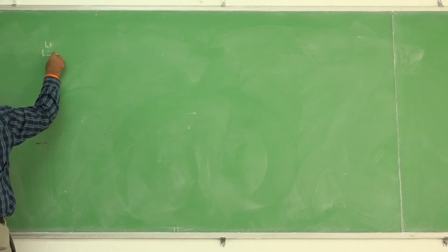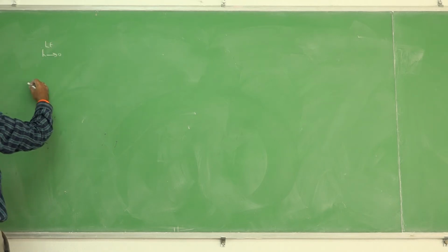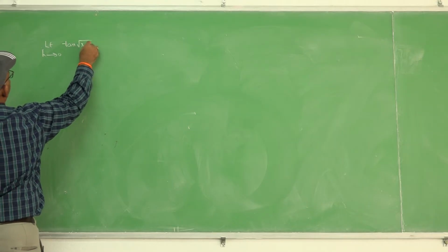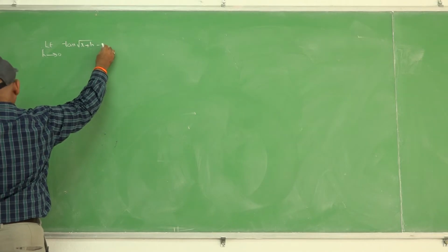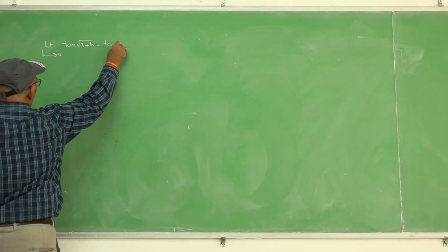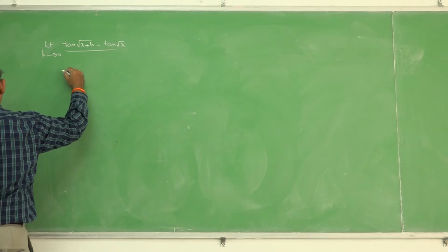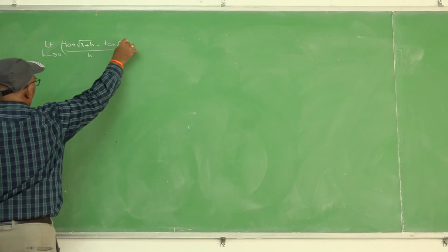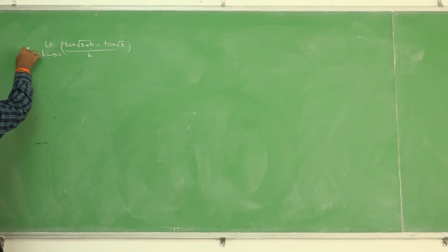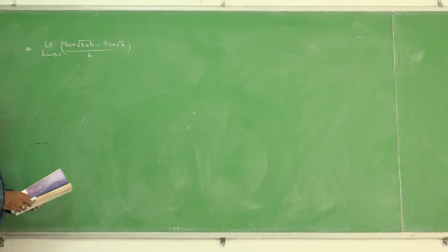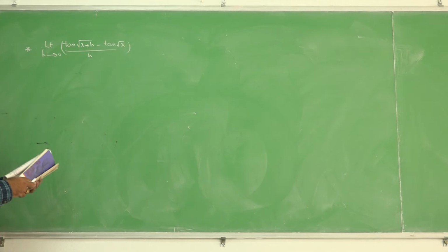Limit as h goes to 0 of tan of root x plus h minus tan root x by h.